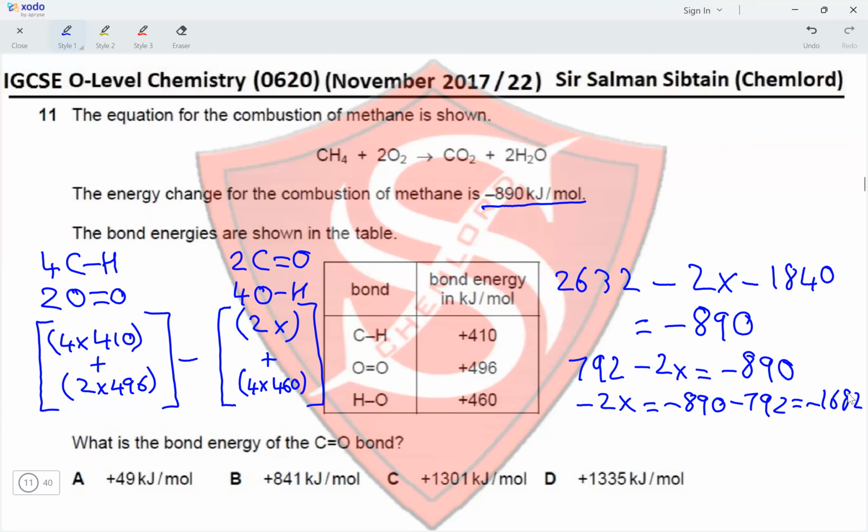So in order to solve for x, we have minus 1682 divided by minus 2. So minus and minus get cancelled, and 1682 divided by 2 gives us a value of 841. Since the minus signs have been cancelled, this will be a positive value, and the unit would be kilojoules per mole. So this would make option B the correct option for this question.